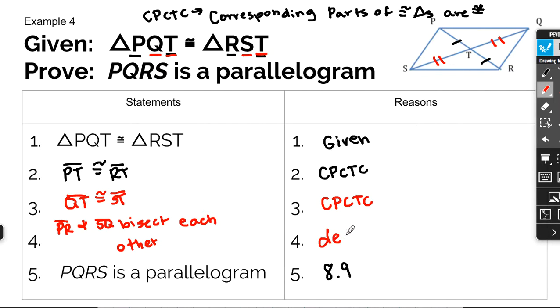So remember that the definition is biconditional. It can be used to say that a bisector cuts it into 2 congruent parts, or if it's in 2 congruent parts, it can be used to go back to say it's a bisector. So this is the definition of bisector. Now that we have that our diagonals bisect each other, we can use theorem 8.9 to prove that it is a parallelogram.